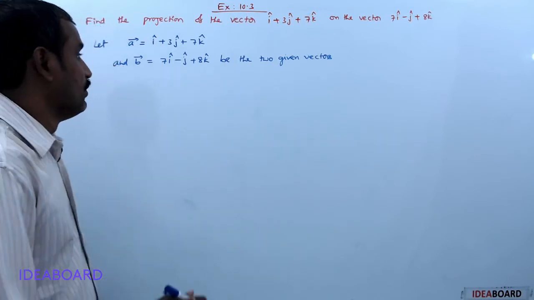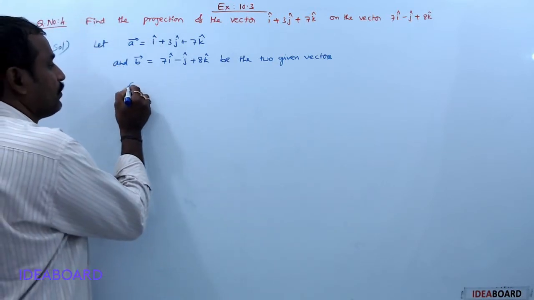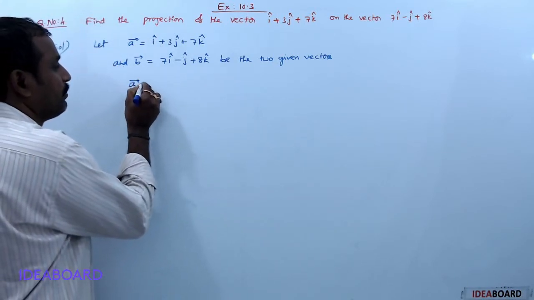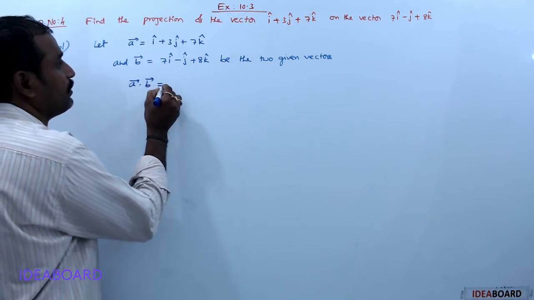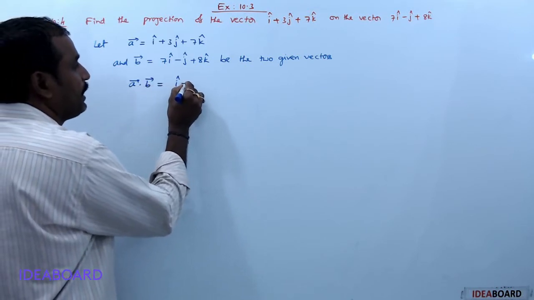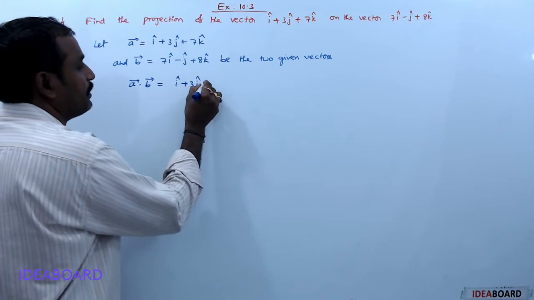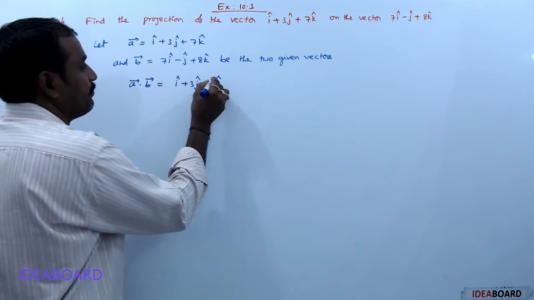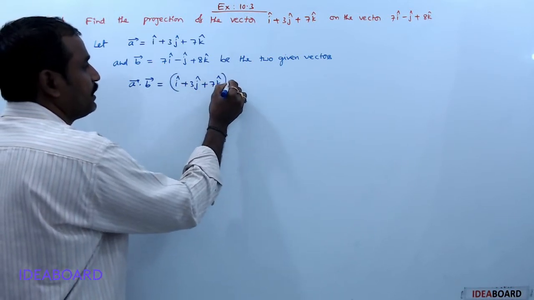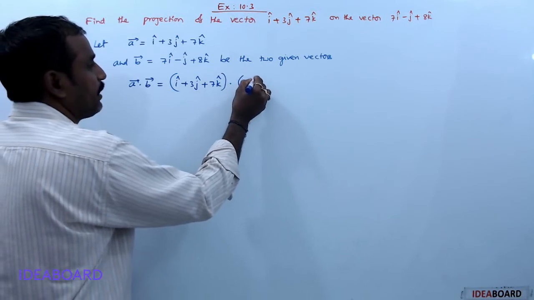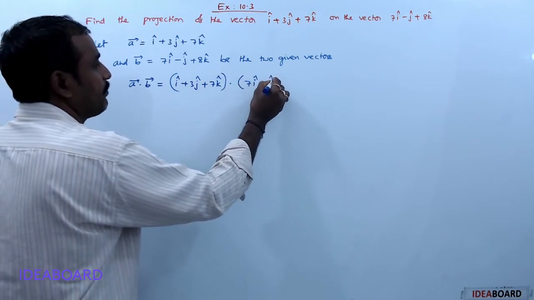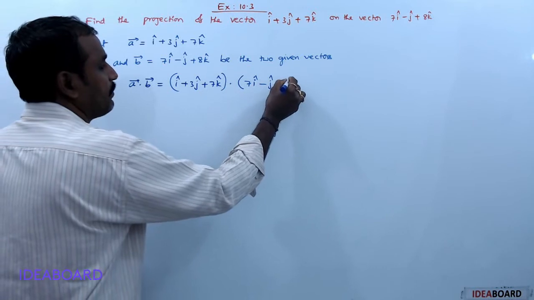So now you can find a bar dot b bar. I cap plus 3j cap plus 7k cap is dotted with 7i cap minus j cap plus 8k cap.